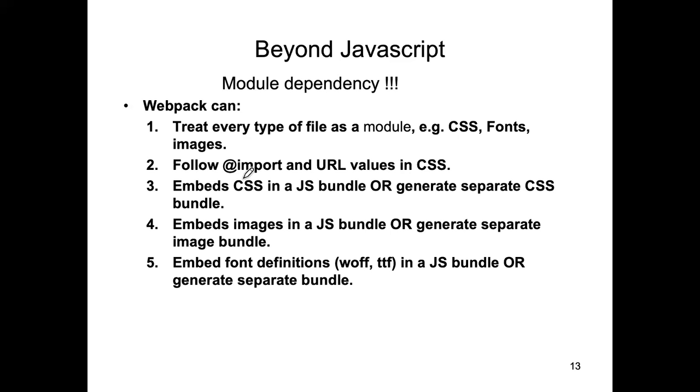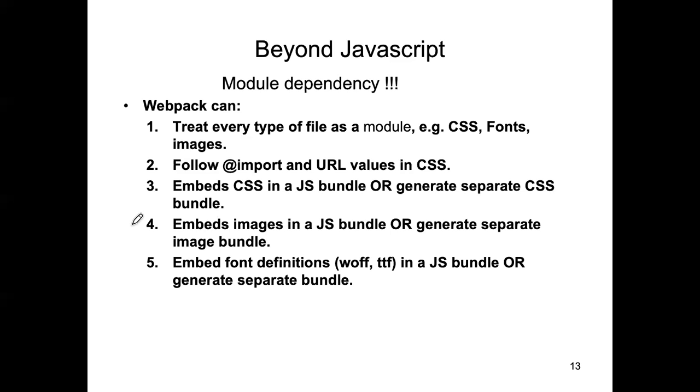What we actually do, as you've seen, is we import CSS from our JavaScript. It knows how to interpret those, and so on and so forth. Images, fonts, which we don't use in the case of the Movies app anyway.